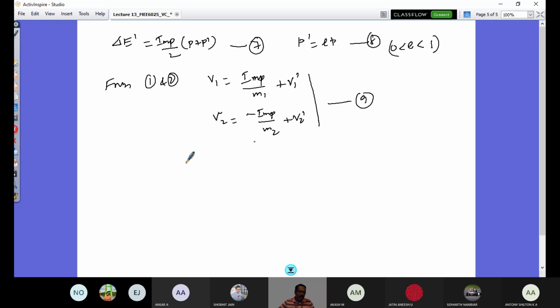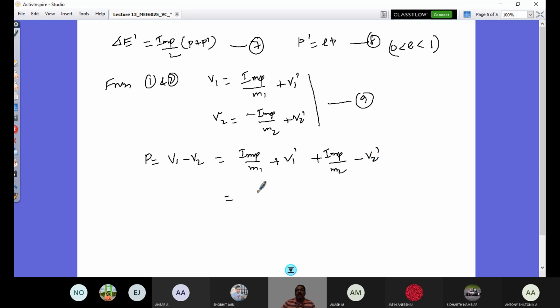And now I would write from this, what is P? P is the relative velocity V1 minus V2. And I would now subtract one from the other. I would have IMP by M1 plus V1 dash, minus of minus becomes plus, IMP by M2 minus V2 dash.